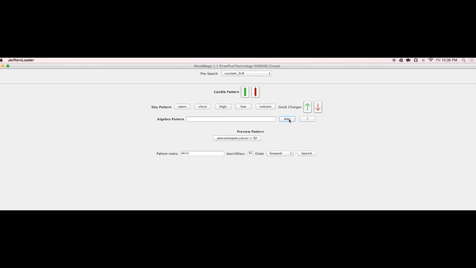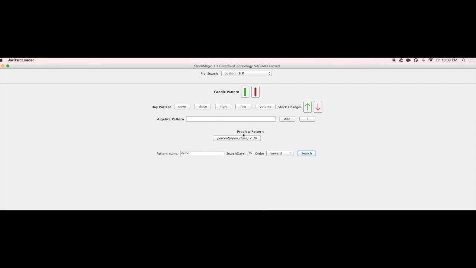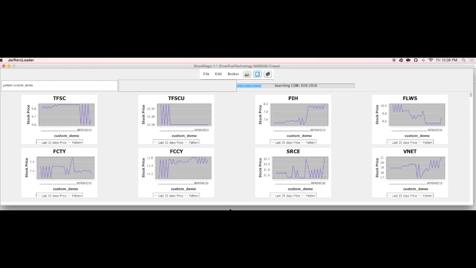You can make really long formulas, really complex. So you can see unusual patterns then happening.